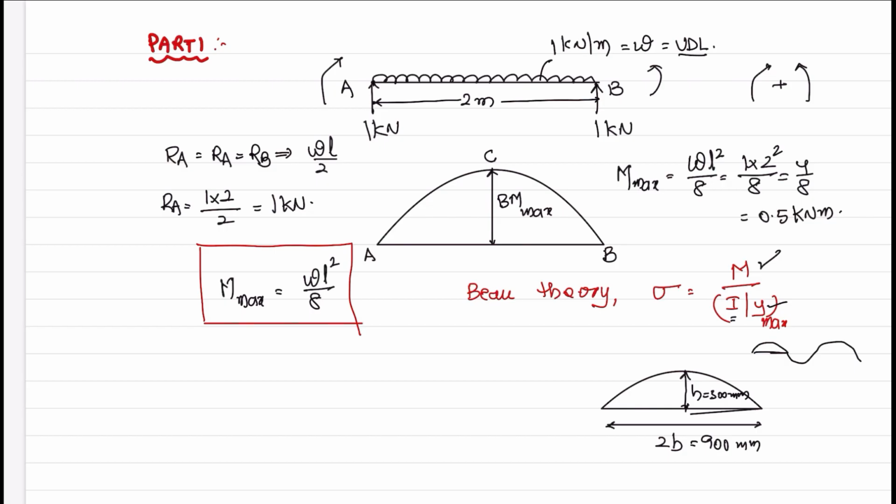Please refer to my previous lectures to understand better. This is b. What is the value of b? 2b is equal to 900 mm, implies b is equal to 450 mm. 2b is the total breadth. Now, for this combination of the load, let us say it is the center of gravity CG.